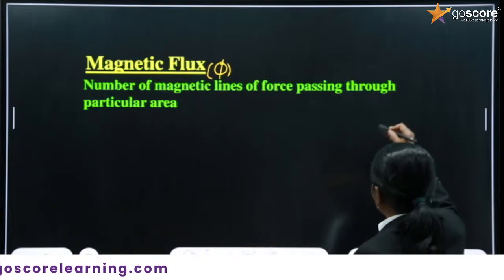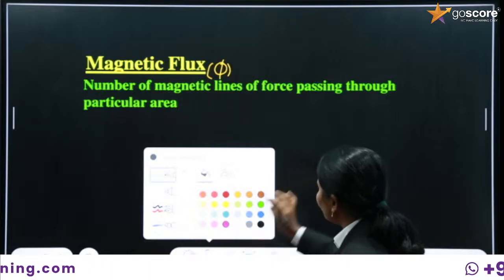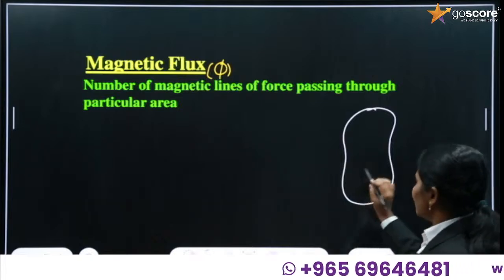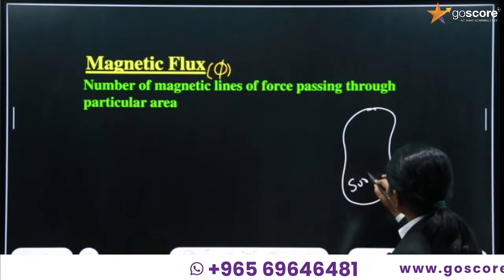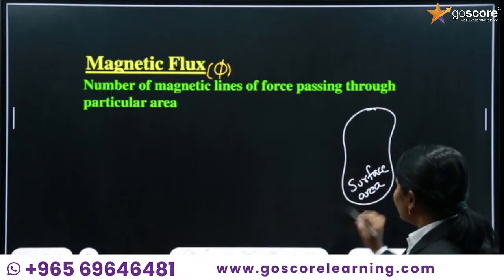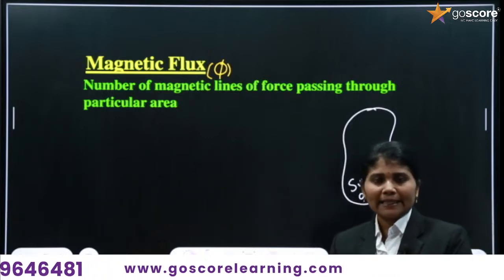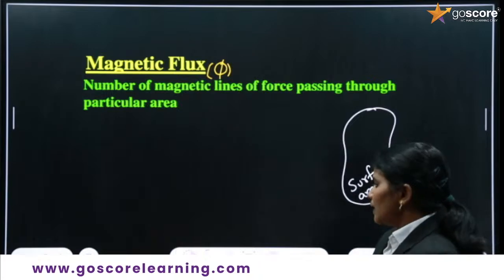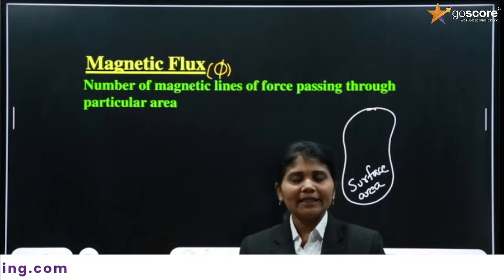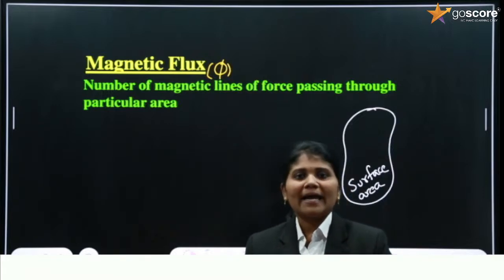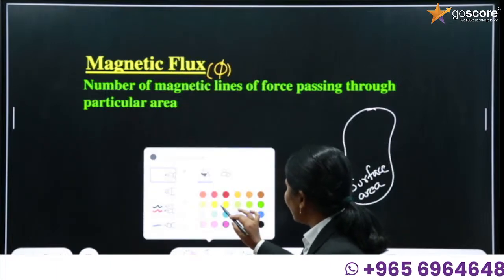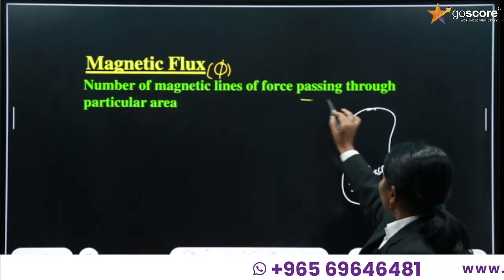I am taking one particular area. Near this area I am taking a magnet. The magnet produces the magnetic field, and those magnetic field lines pass through the particular surface area.